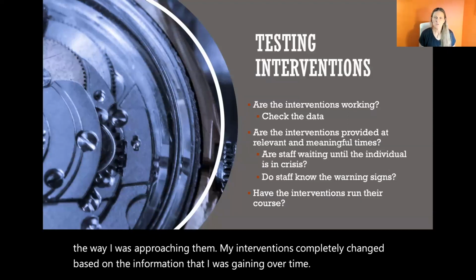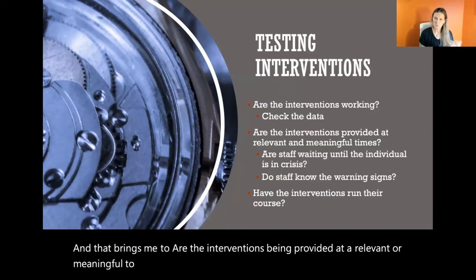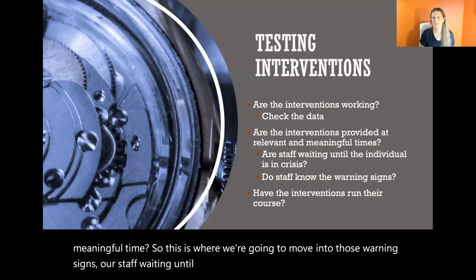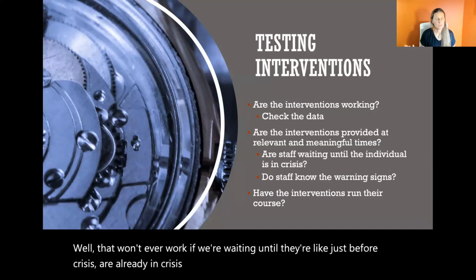And that brings me to, are the interventions being provided at a relevant or meaningful time? So this is where we're going to move into those warning signs. Are staff waiting until the person is actually dysregulated or in crisis? Well, that won't ever work. If we're waiting until just before crisis or already in crisis, it's never going to work.